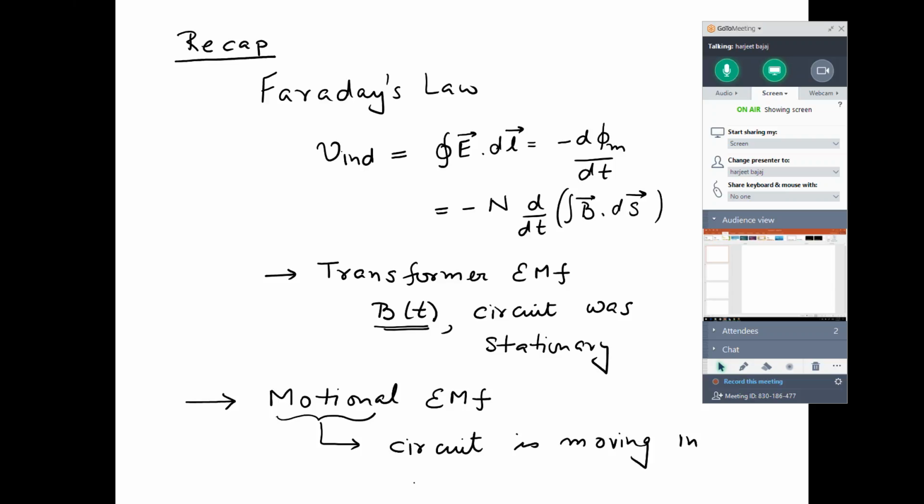Not constant flux, but constant B field. So the magnetic field does not change with time, but the circuit is moving. We're going to see how we can do the calculations with this motional EMF.